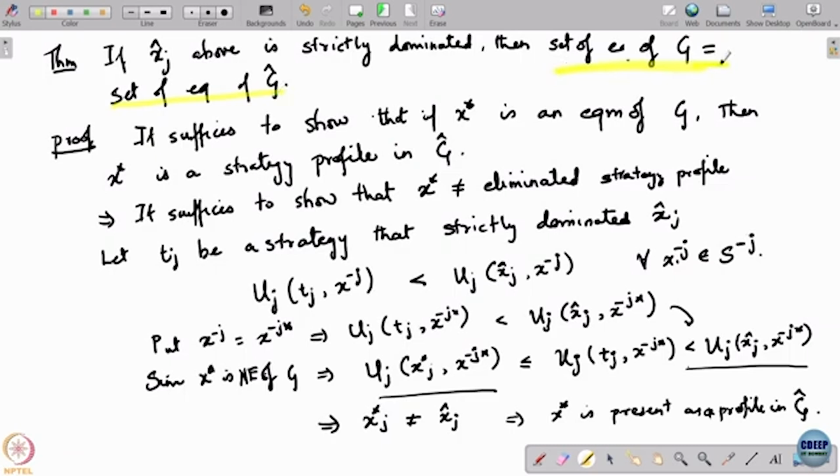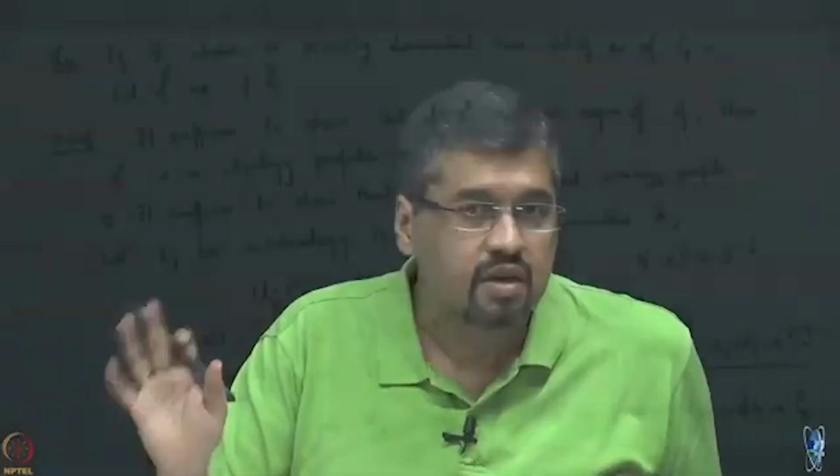So, what this has told us is that the elimination of strictly dominated strategies carries no punishment. There is nothing you lose. You don't create fictitious new equilibria, nor do you lose any equilibria as a result of this. Is this clear?